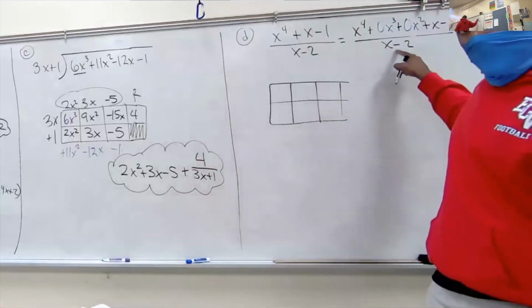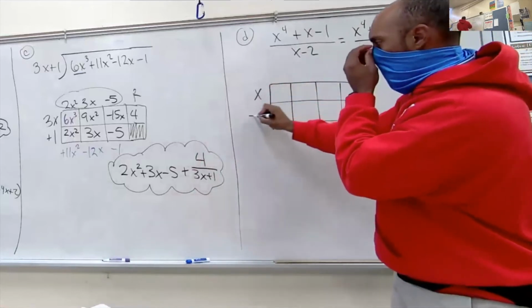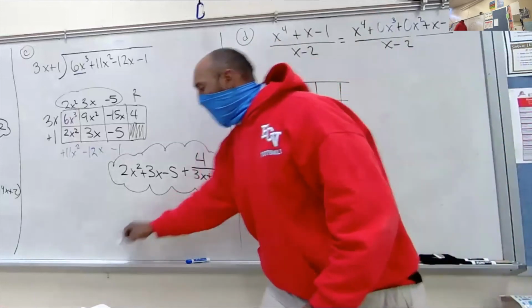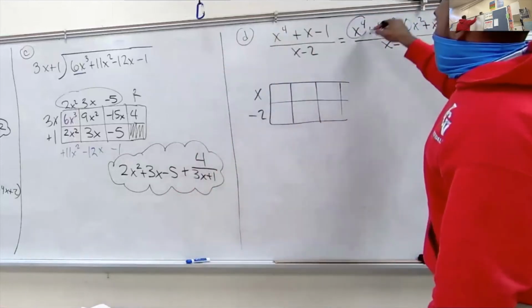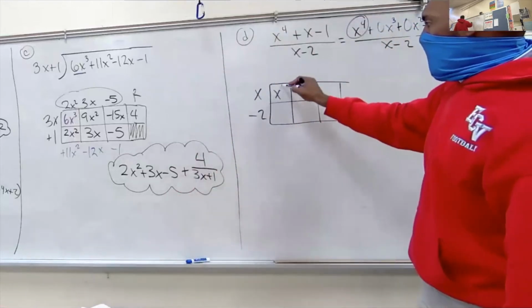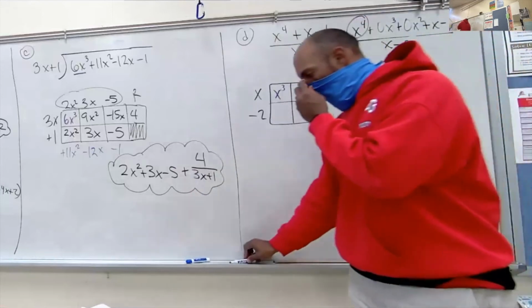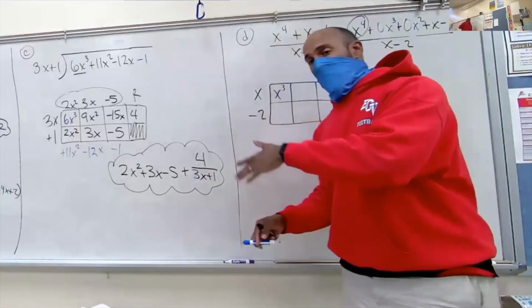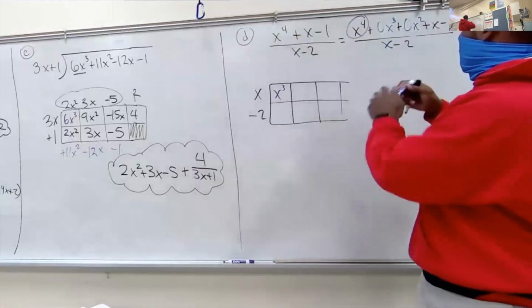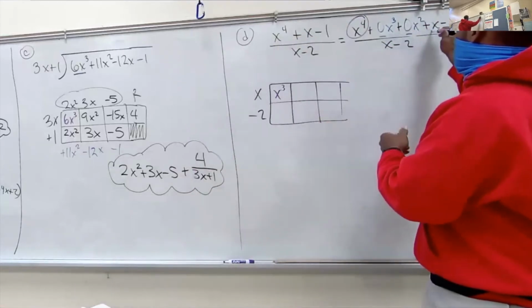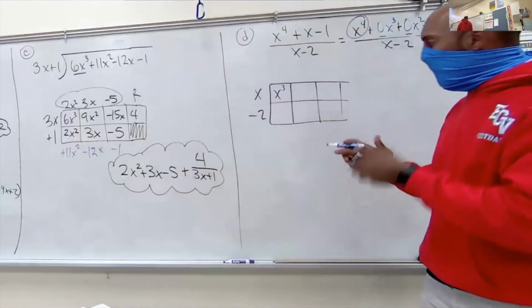Okay, put the divisor on the outside. Start with the first term in the first box. And then the rest of the terms, right, I write underneath. So this one, this one, this one, this one.